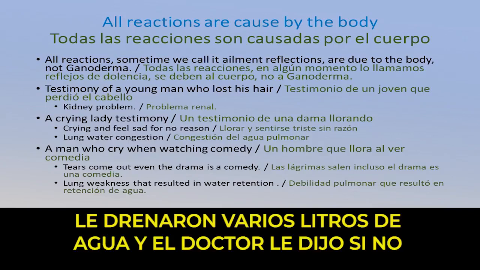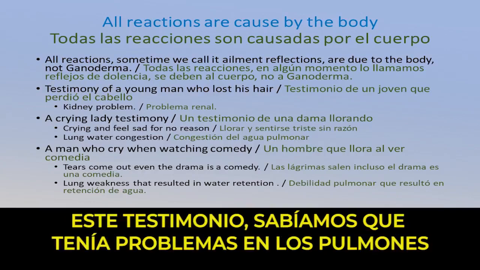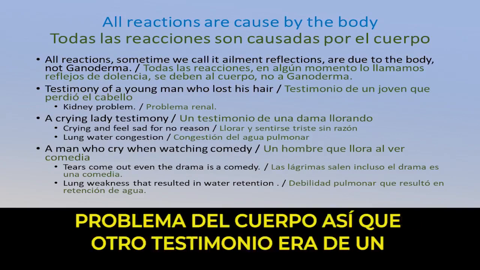The doctor told them that if they had come late, it could be very risky. So through this testimony, we know she had a lung problem. Is that due to Ganoderma? No, it's not due to Ganoderma. It's the body's problem.